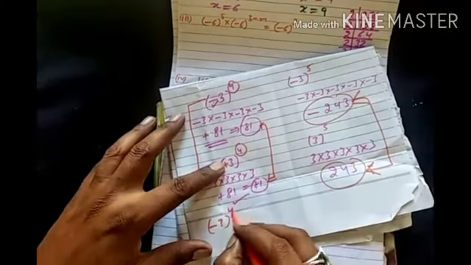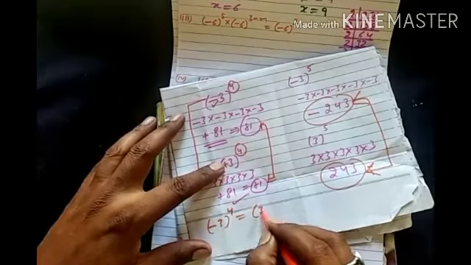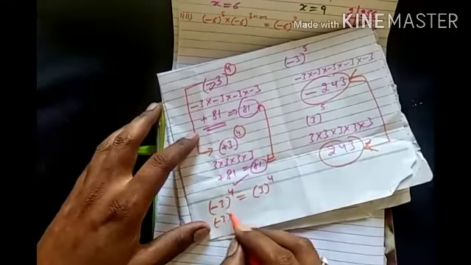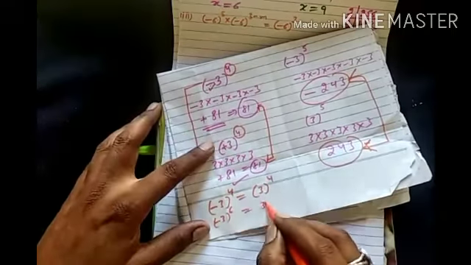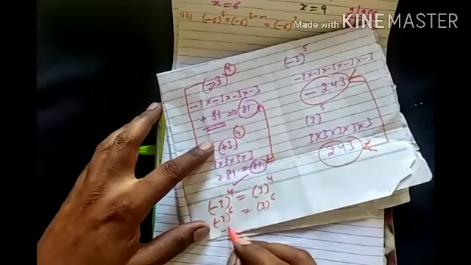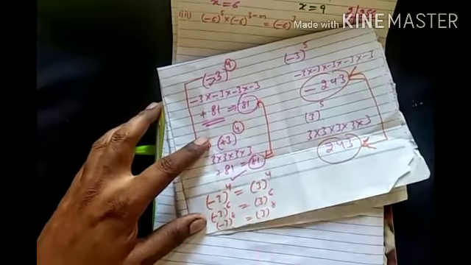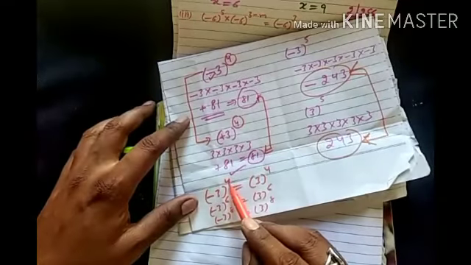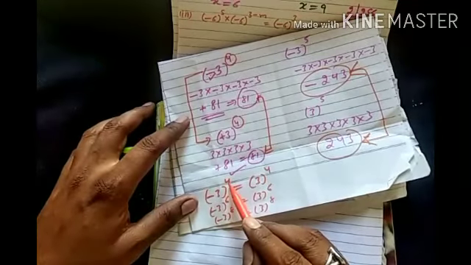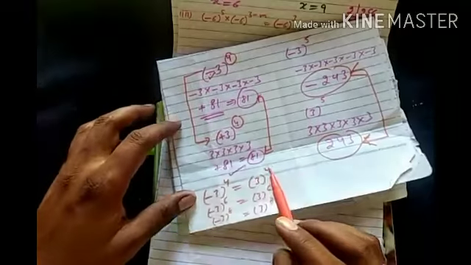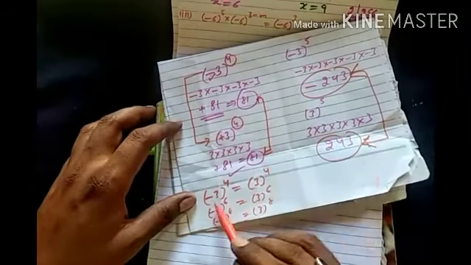So we can deduce a result that minus 3 to power 4 is equal to 3 to power 4. Similarly, I can write minus 3 to power 6 equals 3 power 6. Similarly, minus 3 power 8 equals 3 power 8. So if the power is even, then we can interchange the sign of the base. Clear?